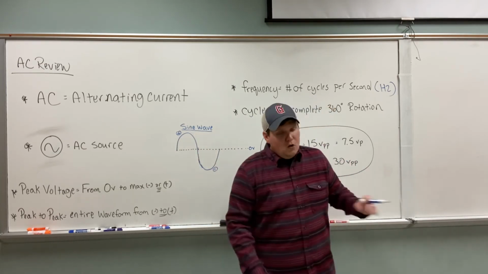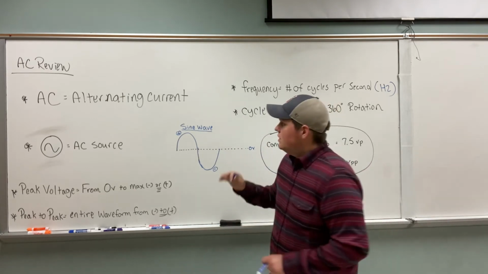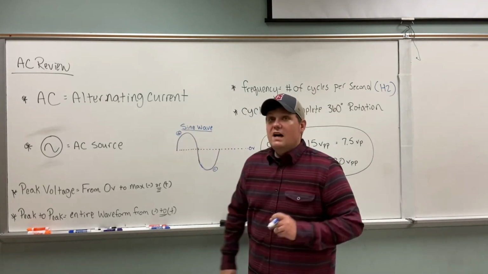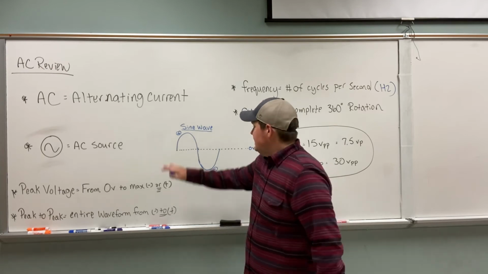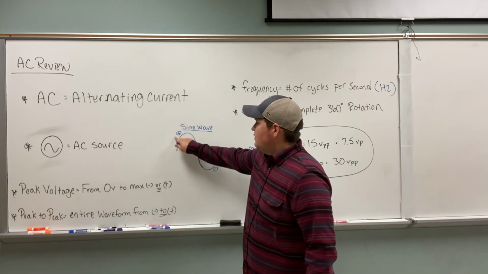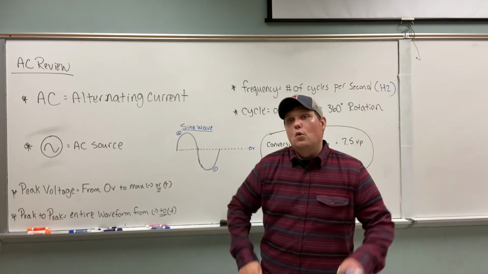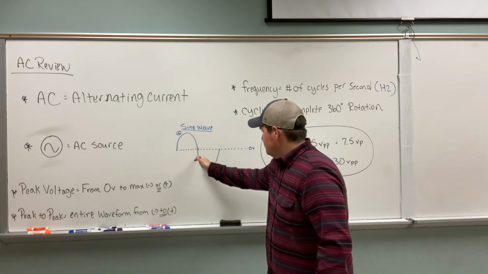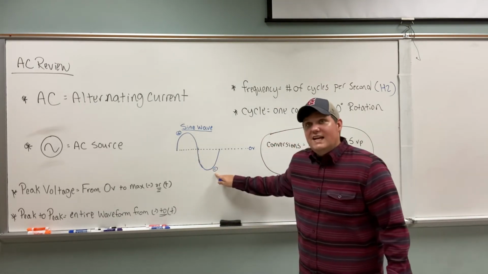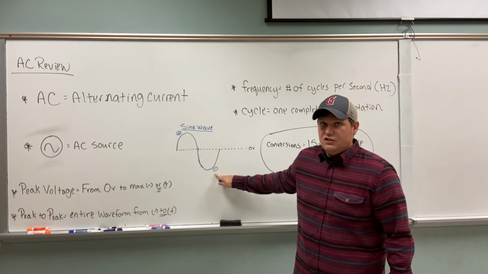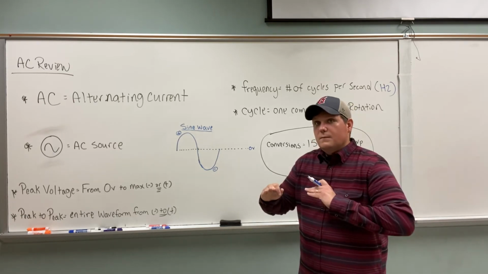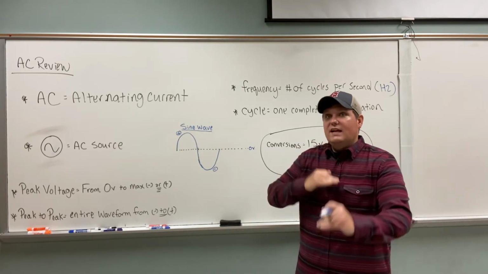Okay, so on an AC source, when we are going in the upswing, that means that we are traveling in the positive direction. When we are in our downswing, we are traveling in the negative direction. So this is where it swaps polarity.